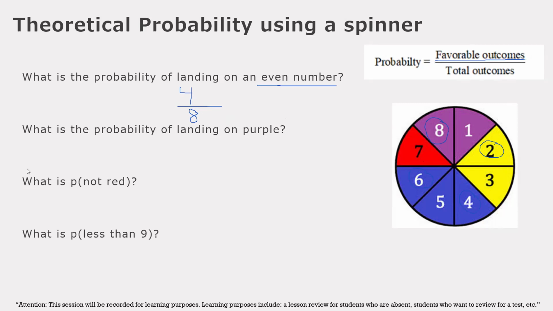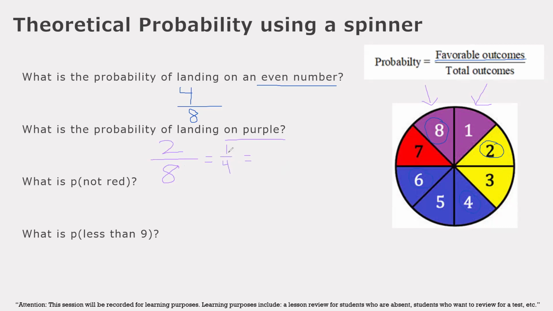All right, second question. What is the probability of landing on purple? Well, when I look at this, I have 1, 2 sections of my spinner that are purple. That's our numerator, and there are 8 total sections, so that denominator would be 8. You could simplify this fraction if you wanted to, making it 1/4.